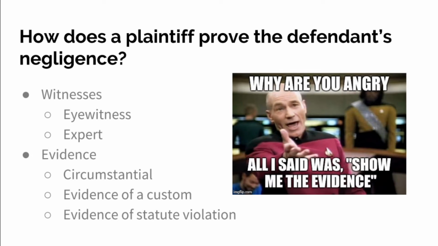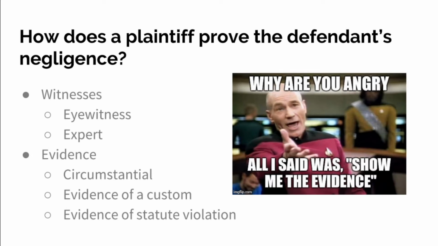One of them being evidence of a custom, meaning if you show evidence of how things typically are in a particular environment, then that goes to show what a reasonable person would do under the same circumstances, which shows that either the defendant could have acted reasonably, therefore not negligently, or with negligence in the same situation.